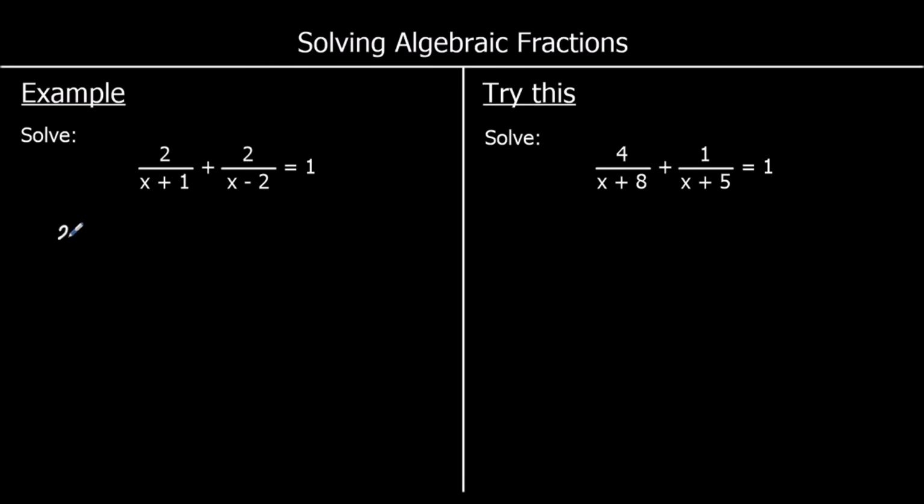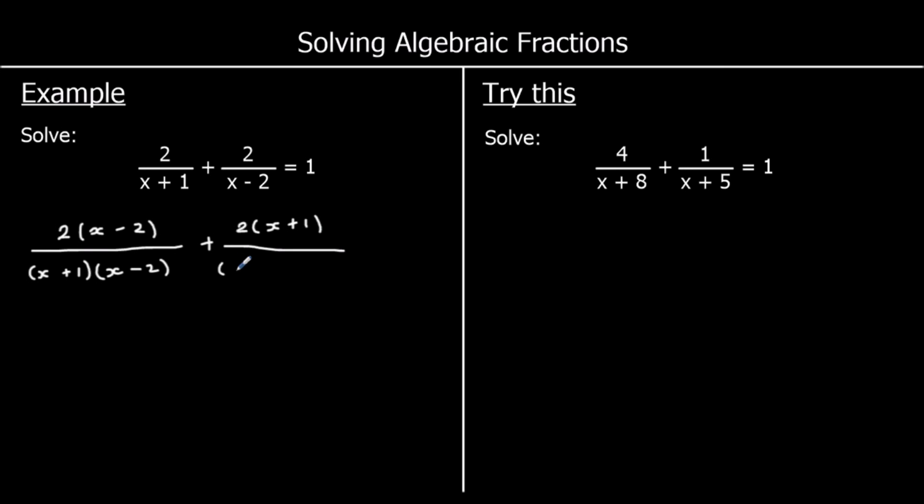So I'm going to have 2 times x minus 2 over x plus 1 times x minus 2, and I'm going to have 2 times x plus 1 over the same denominator, x plus 1 times x minus 2. So I've multiplied top and bottom of my left fraction by x minus 2 and top and bottom of my right fraction by x plus 1.